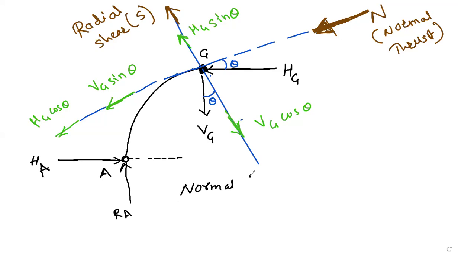Normal thrust, N is equal to, remaining part we will discuss afterward, HG cos theta plus VG sin theta.